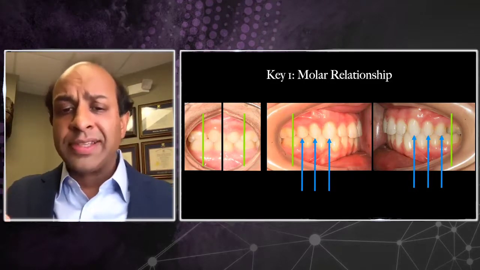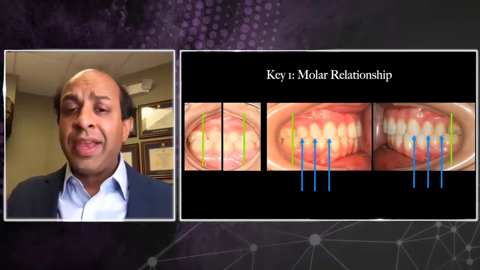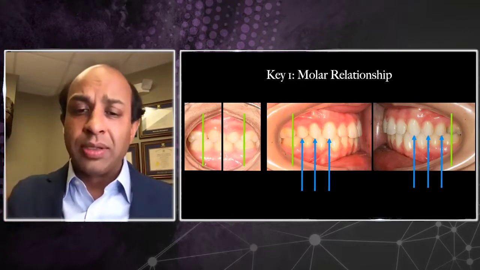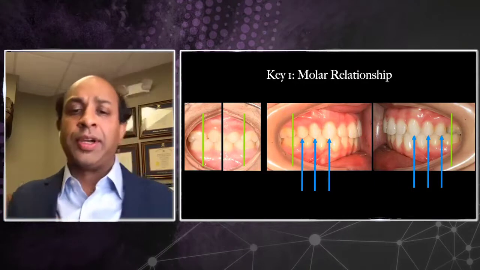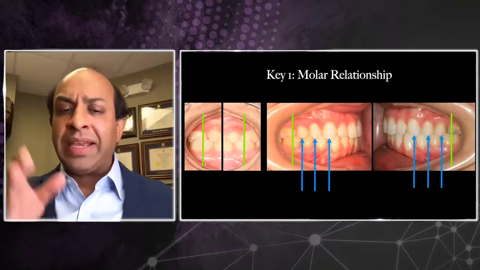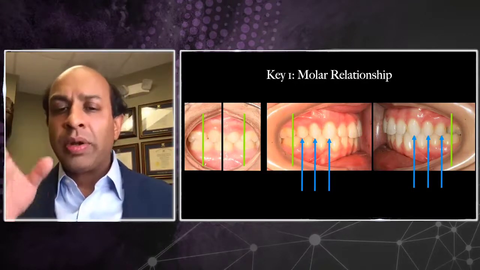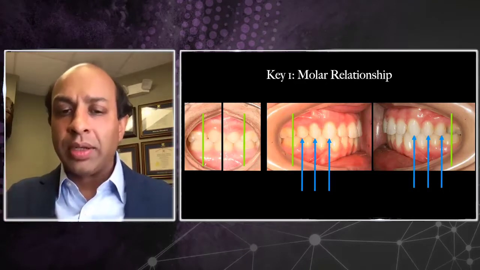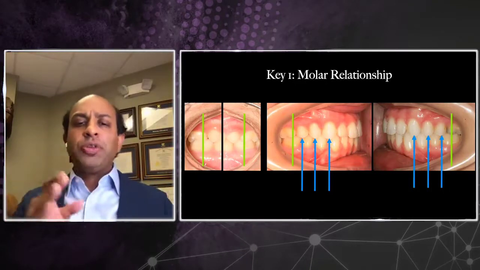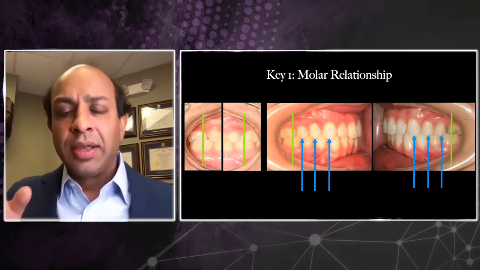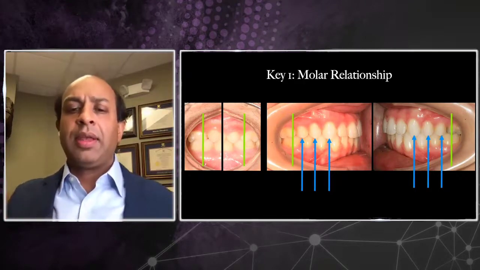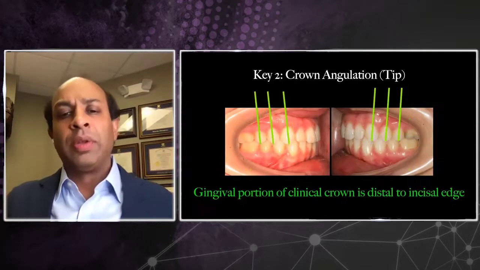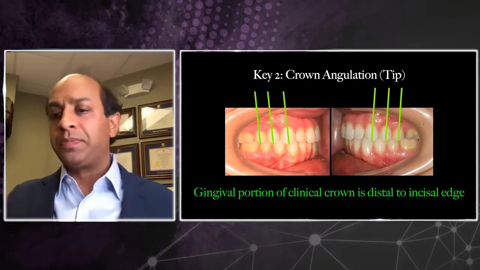And for all of us that look to have a proper canine class 1, this is where it starts. Because you have the molar in an Angle's classification 1, if there are no tooth size discrepancies, then you should anticipate that canine will land right into that class 1 position.